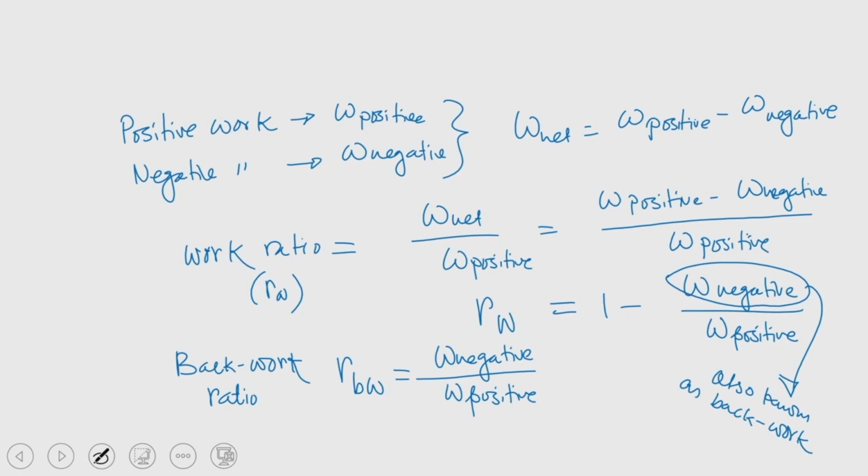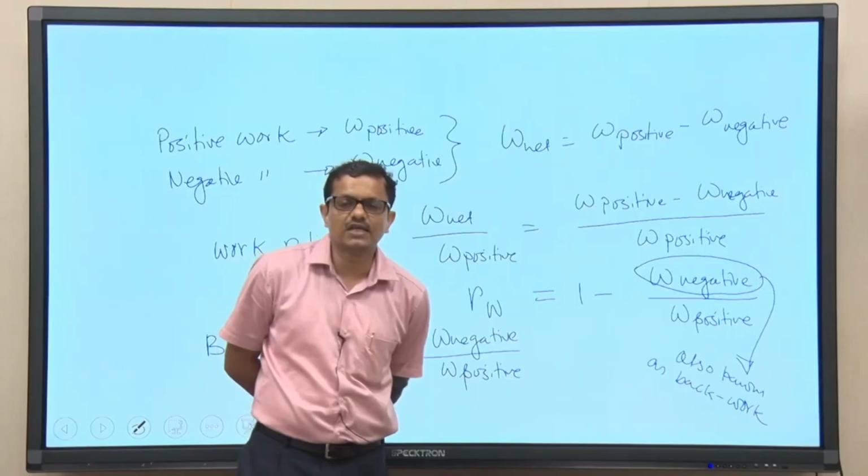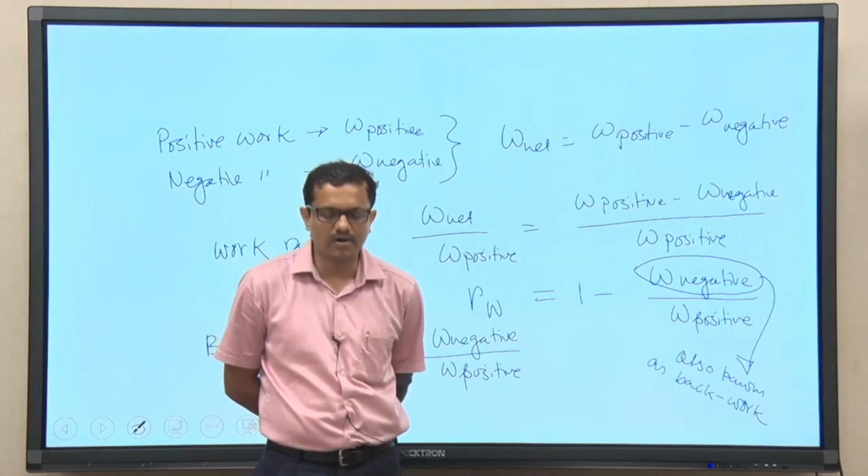I will be discussing another important critical point from this definition, but we need a low back work ratio and a high work ratio. Low back work ratio means W negative should not be very high. If W negative is not very high, back work ratio will be less, while if W negative is less, then RW, that is work ratio, will be high. So, that is the proper combination for the higher thermal efficiency or performance of the power plant.